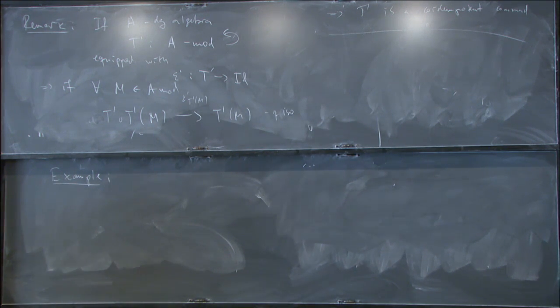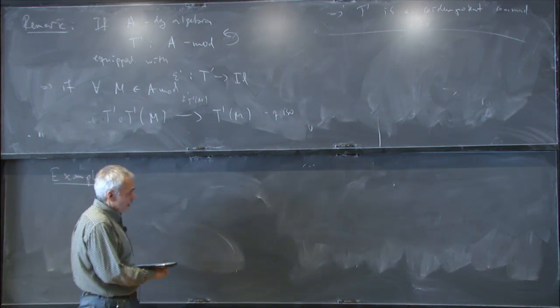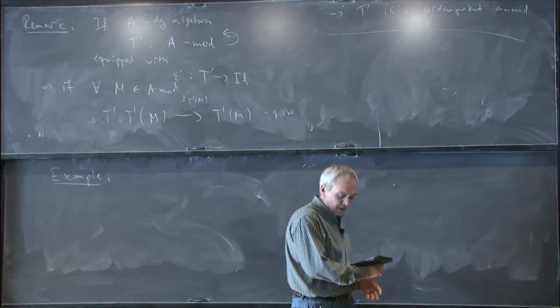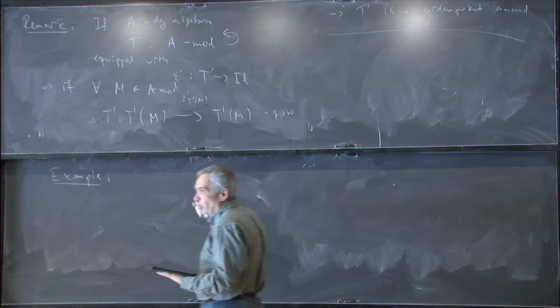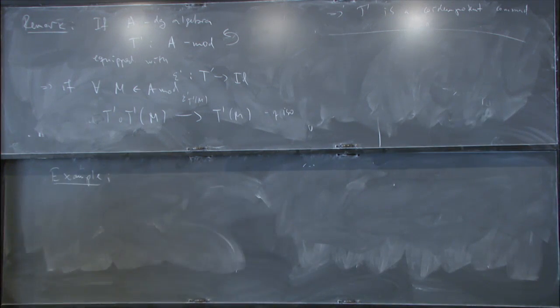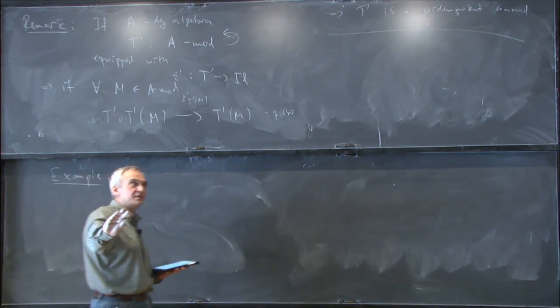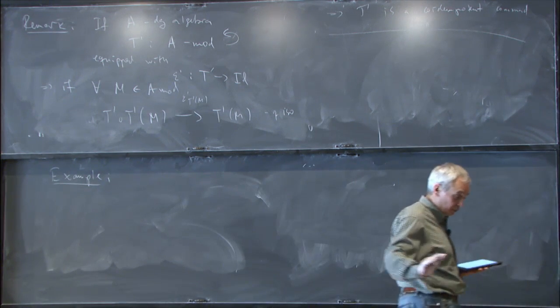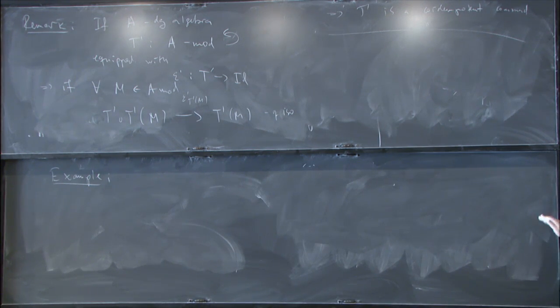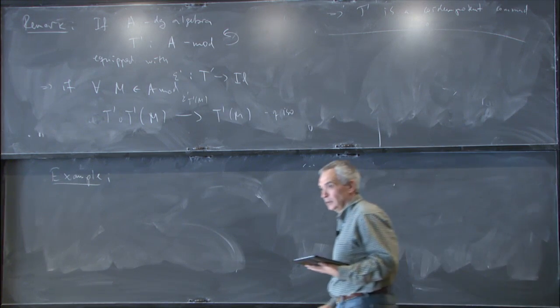Let me just show you what type of problem you need to solve in the stupidest case, when you are gluing just a separated scheme. It's the easiest possible situation. You're gluing a separated scheme out of two affines.